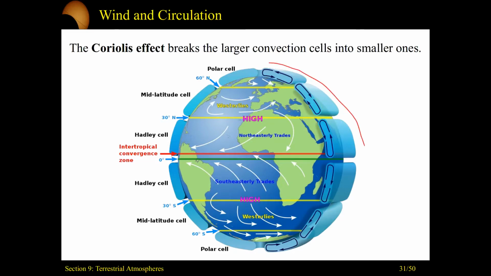The initial Hadley cell we showed did this kind of pattern. So that was our initial Hadley cell, our Hadley circulation on a non-rotating planet. Well, the Coriolis effect breaks this cell into these smaller components. And that's how you get your trade winds, your easterlies, and your westerlies throughout the planet.